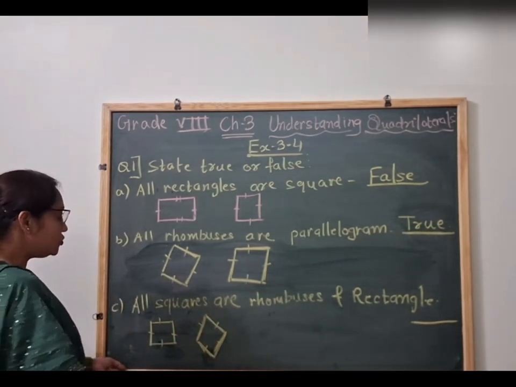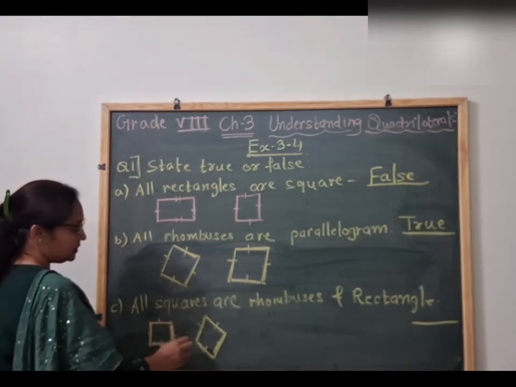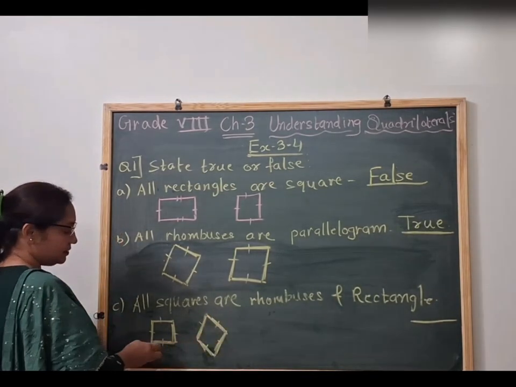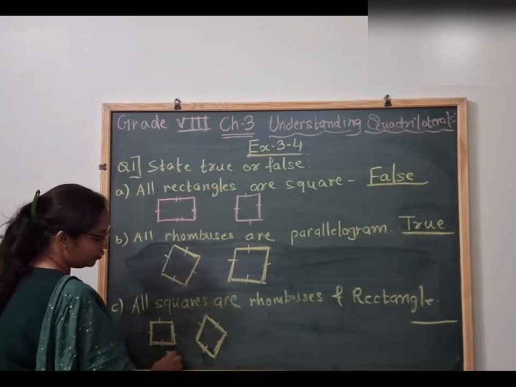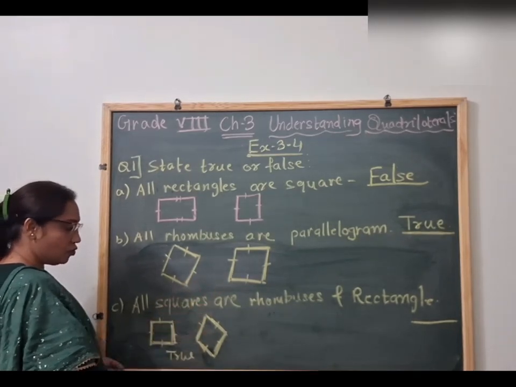Also in a square opposite sides are parallel. In the same way, in a rhombus also opposite sides are parallel. So if I say that all squares are rhombuses, that will be true.